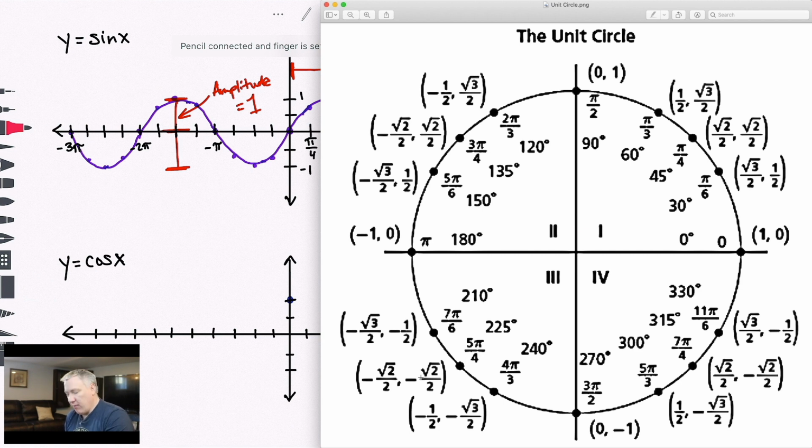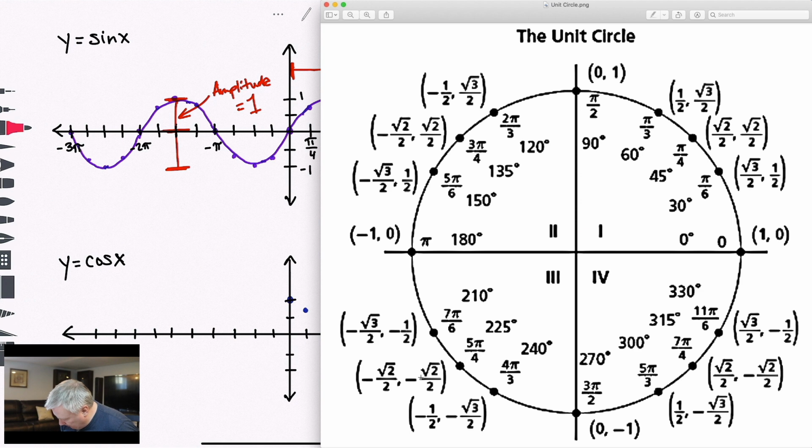When I plug in pi over 4, the next one over, I actually get the same value as sine, square root 2 over 2, or roughly 0.7. And then when I plug in pi over 2, the next one over, I get 0. So it comes down here, and then as I keep going, I'm going to notice a very similar pattern.